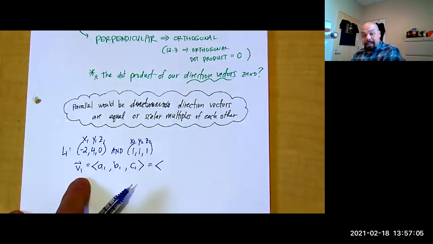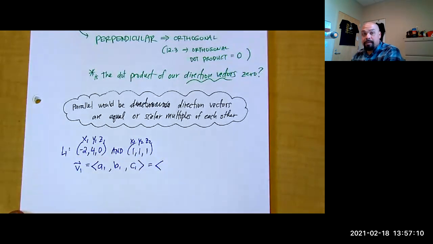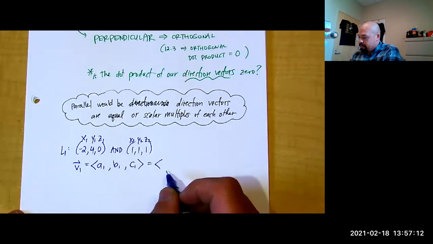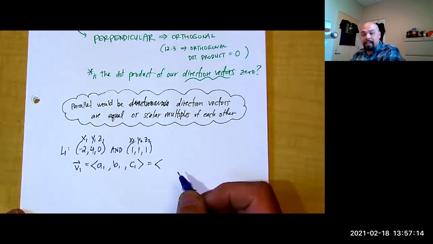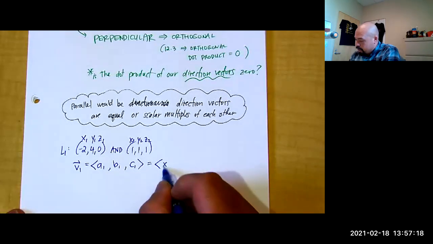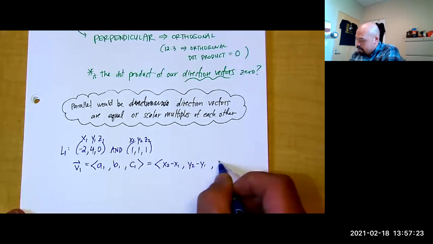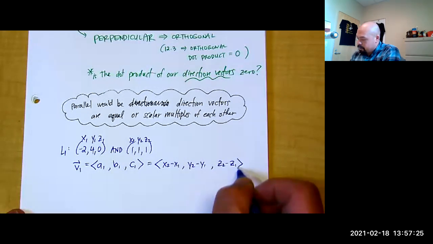For this first line's direction, just like we'd find the slope, the rate of change in the X, Y direction in 2D, we do the same thing in 3D. We're going to do X2 minus X1, Y2 minus Y1, Z2 minus Z1.